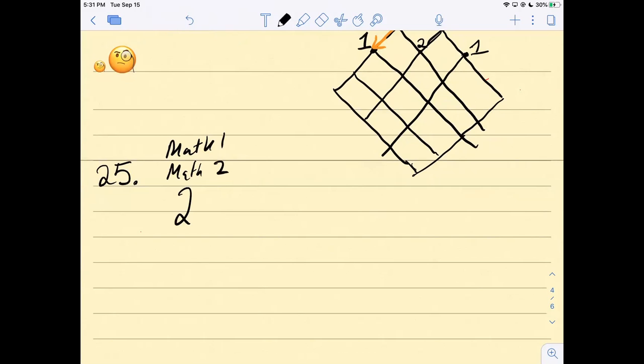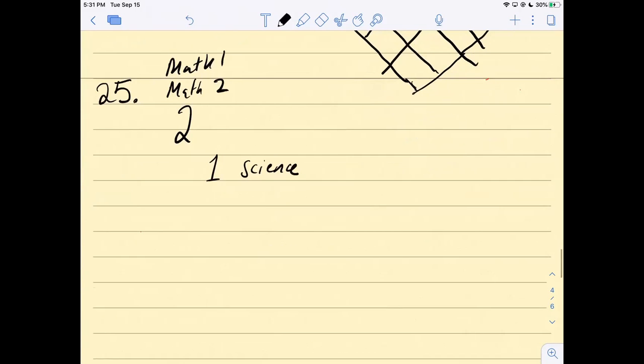So the cases are: if you take 1 science, if you take 2 science classes, or you can do 3 science classes. If you do 1 science class, how many options are there for the science class you pick? 3. You choose 1.